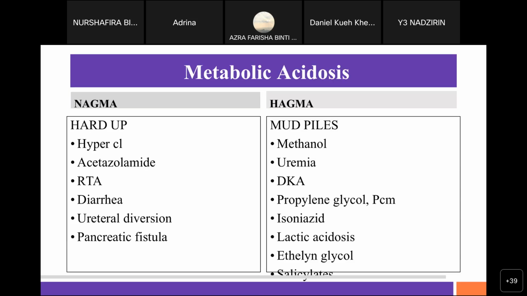Yes. You just remember the significant ones. High anion gap is usually DKA, uremia, lactic acidosis, the common ones. Normal anion gap is usually diarrhea, pancreatic fistula, meaning they are losing bicarbonate, and RTA, because the difference makes the treatment different, between normal anion gap and high anion gap metabolic acidosis.